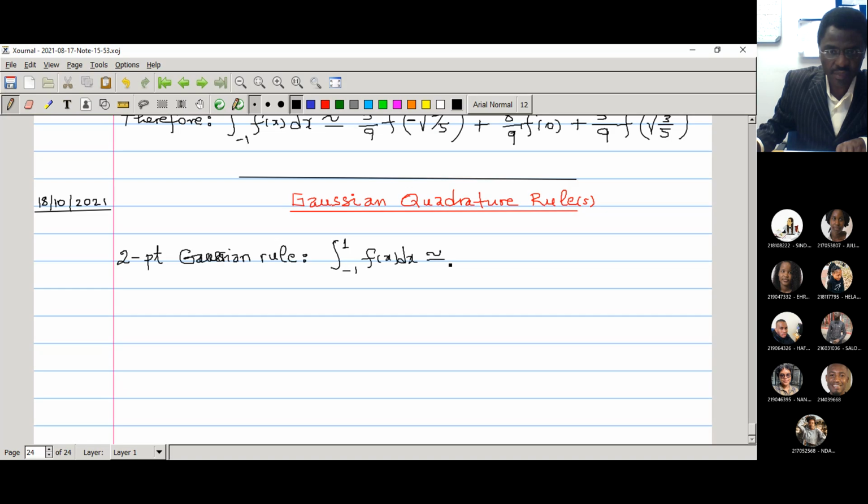This is approximated by f(-1/square root of 3) plus f(1/square root of 3).